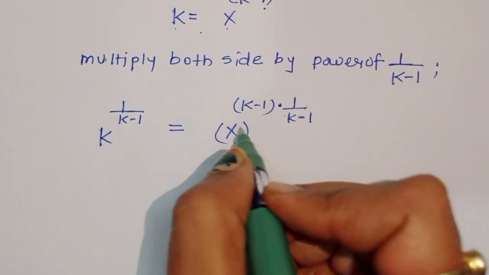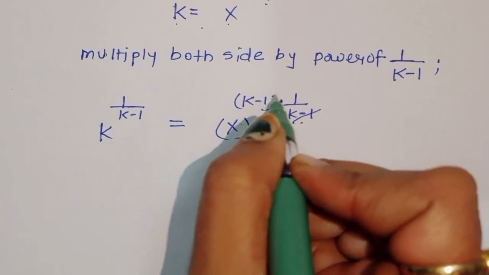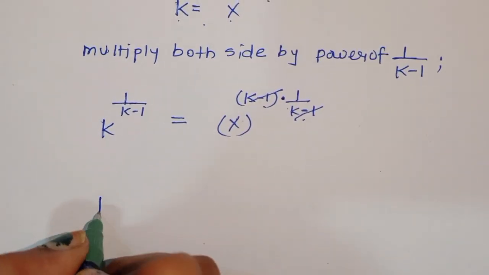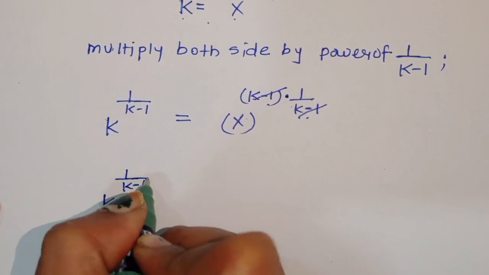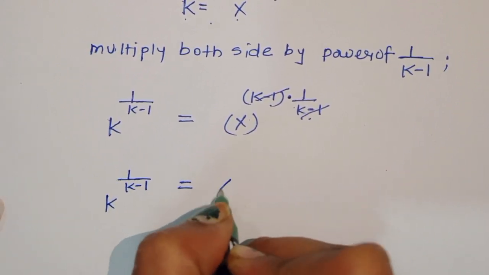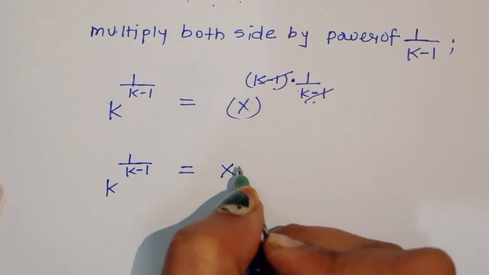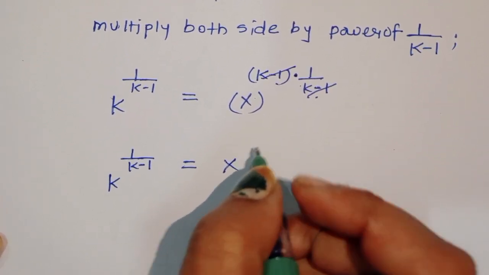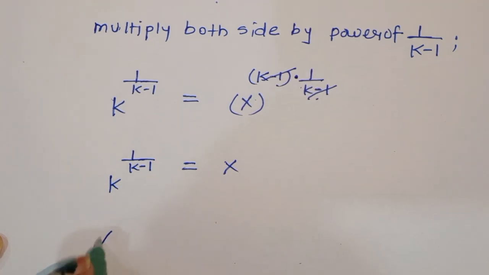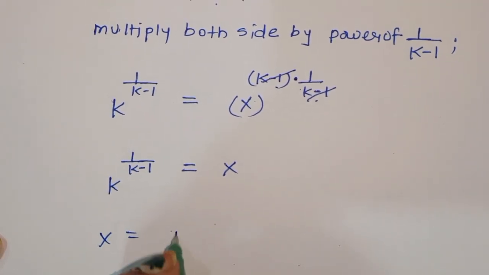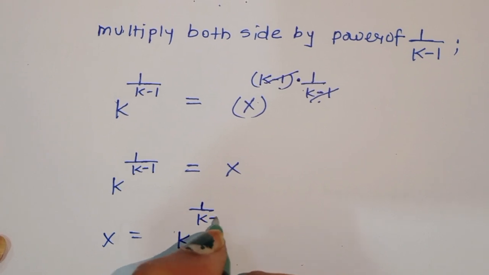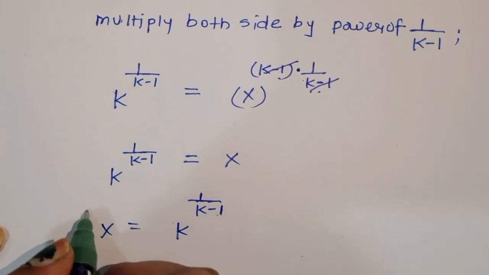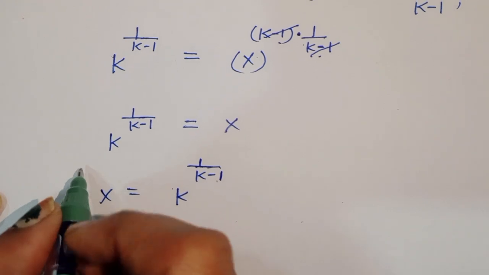So we can see here k minus 1 will cancel. So we got k power 1 upon k minus 1 is equal to x. This is the value of x here: x is equal to k raised to 1 upon k minus 1.